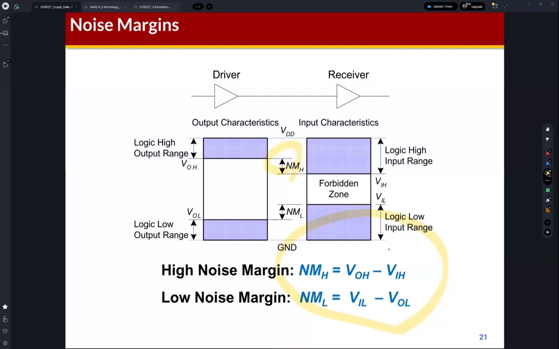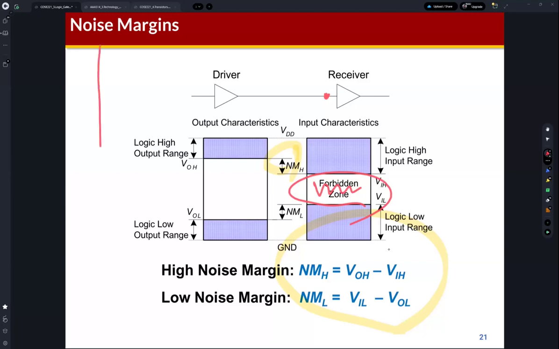It means this system is tolerant to this amount of noise. Let us assume that the input value is in this range. Then the circuit will work incorrectly. So this is the forbidden zone.